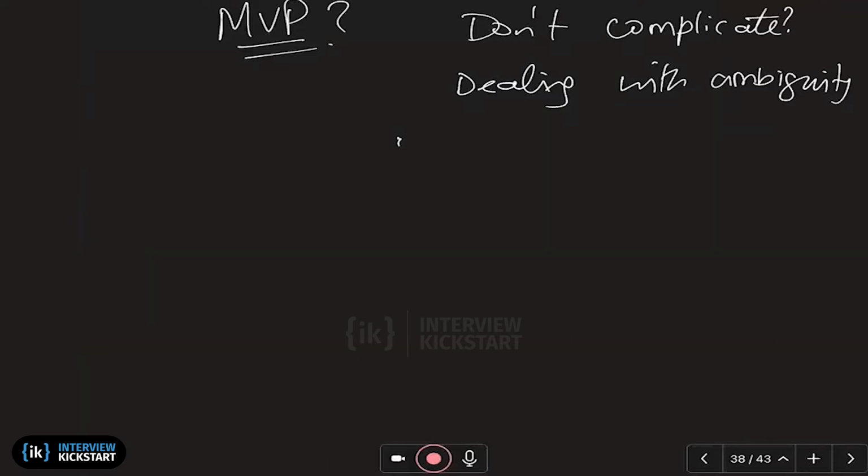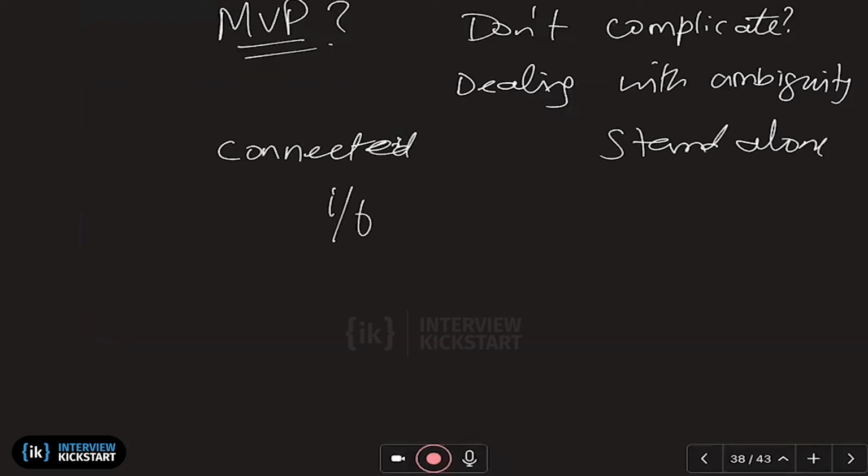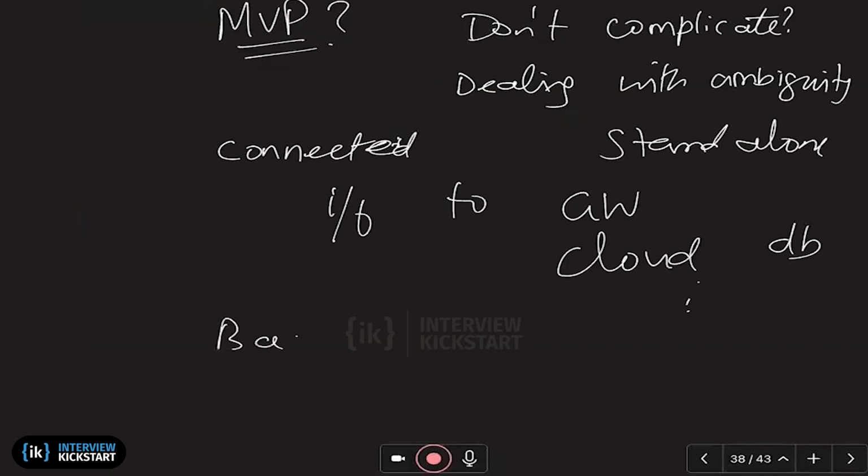Now we talked about smart, so then you can derive some questions: is it a connected product or a standalone? Okay, so how does it interface to a gateway or a cloud service, cloud database, or whatever? Now this is where your background helps, right?